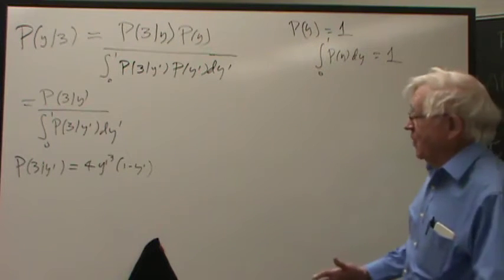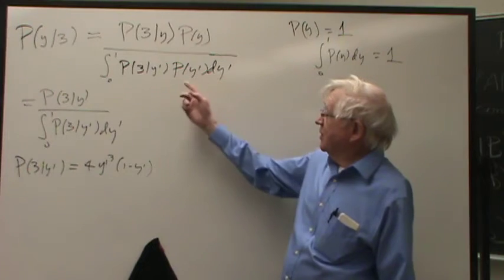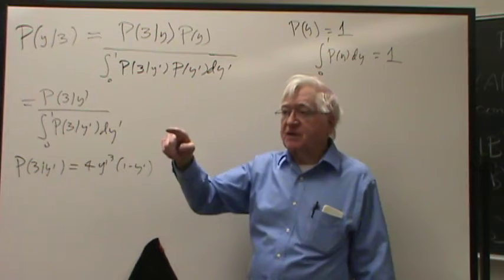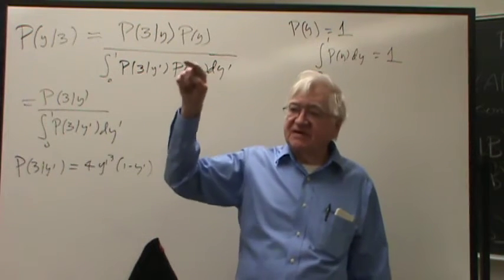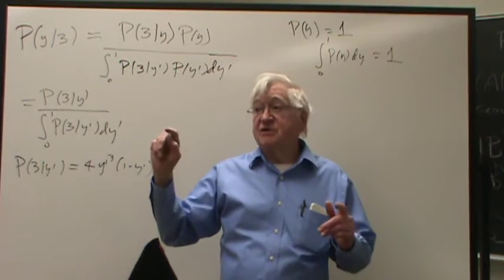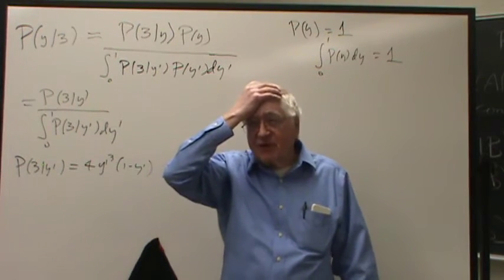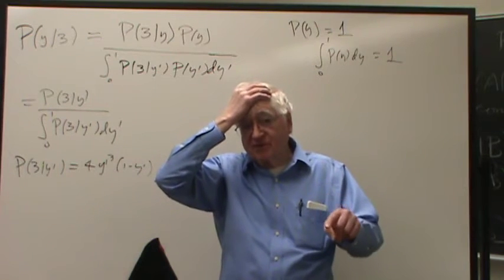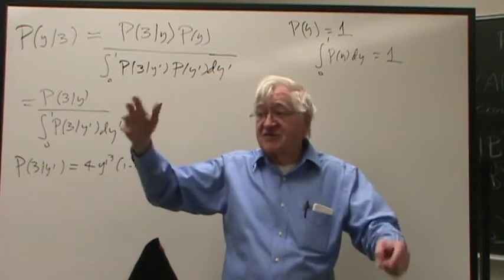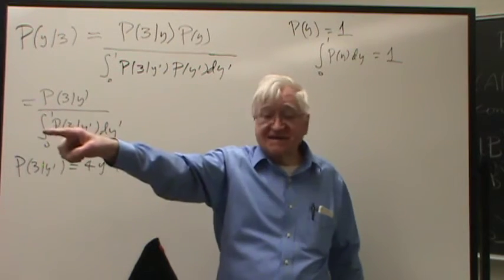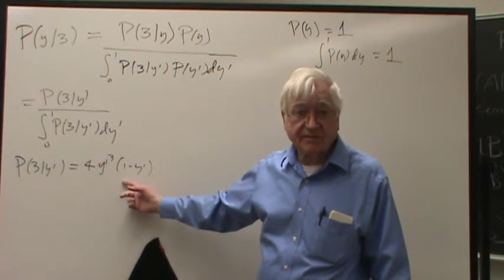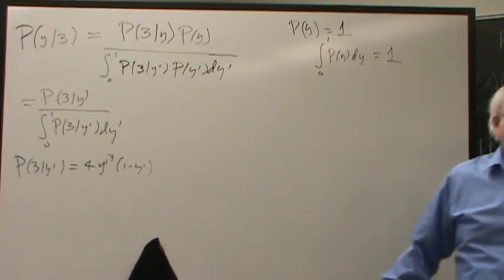And we don't know what it is, so we integrate over it, but it's got to be between 0 and 1. But we computed what the probability of 3 out of 4 randomly chosen people would vote for Nancy Pelosi would be, given that the probability is y or y prime, it's that number over there. And so for y prime, it's this. Okay.